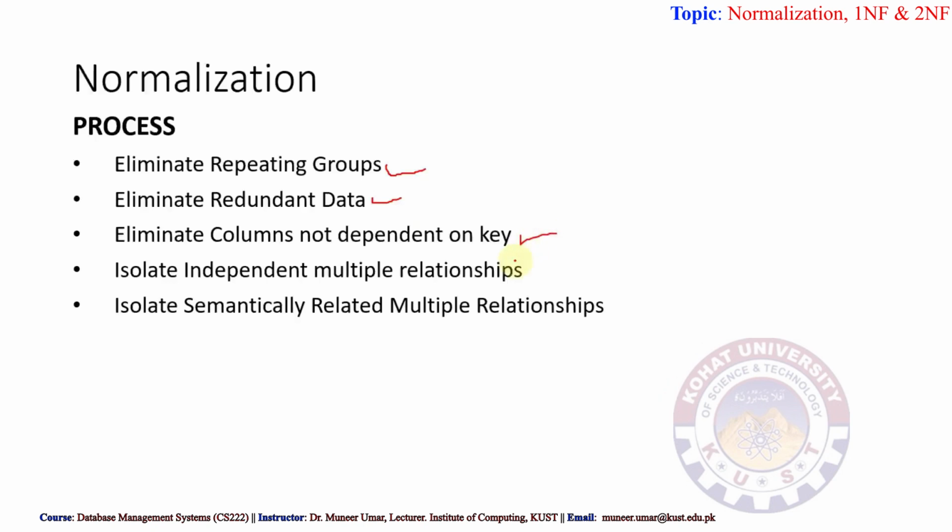For the isolation of independent multiple relationships, no table may contain two or more one-to-many or many-to-many relationships that are not directly related. And in the last case, there may be practical constraints on information that justify separating logically related many-to-many relationships.